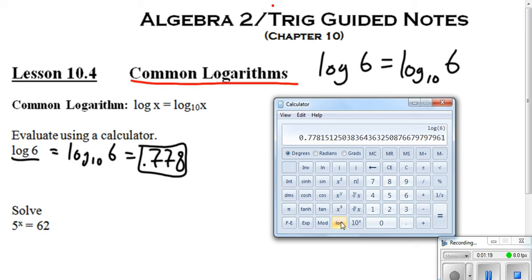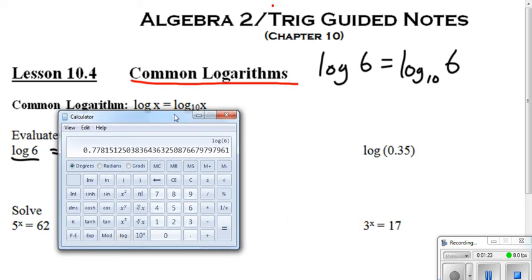And again, that's just by strictly plugging it into a calculator. So in this next one, if we wanted log of 0.35, again remember that means log base 10 of 0.35. In your calculator, you might want to punch log first and then put in the 0.35 if you're using a graphing calculator.